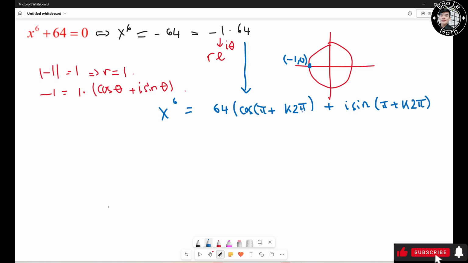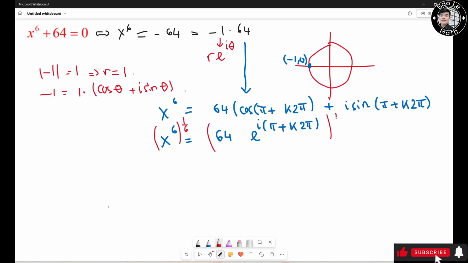Because the sine and cosine functions are periodic with period 2 pi. Or you can rewrite this in exponential form. It's going to be S to the 6 equals 64 times e raised to the i times pi plus k 2 pi, right?